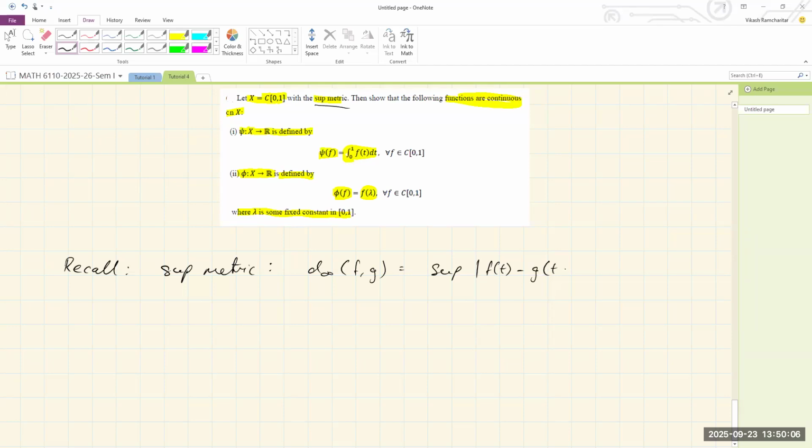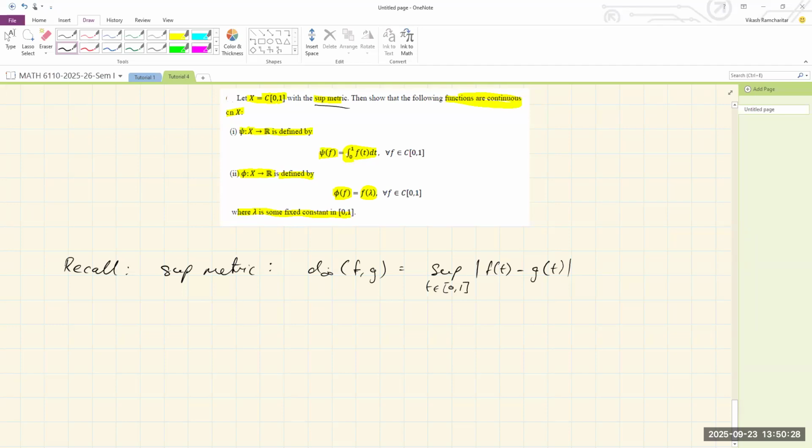So you work out f of t minus g of t, take the modulus of that, for all t in the domain of f and g. So f and g are continuous functions on 0 to 1, so t ranges between 0 and 1, and you take the supremum of this set. Okay, so that's the supremum metric.